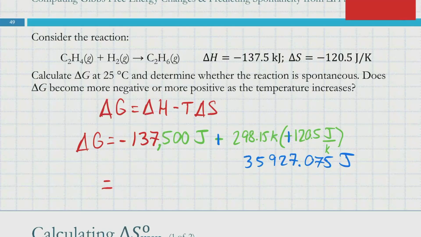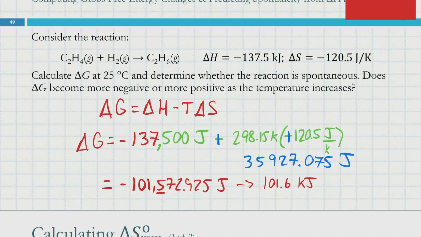Combining the two terms, we get negative 101,572.925 joules, and we would round that to some number of significant figures, probably 4. So 101.6 kilojoules, or negative 101.6 kilojoules.